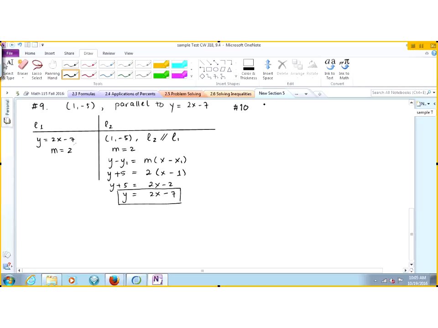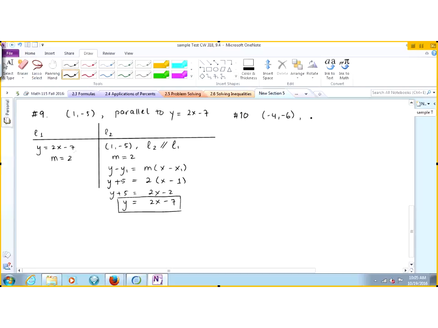Okay. Now, number 10. So the line which is passing through negative 4 comma negative 6 and perpendicular to y, so perpendicular to y is equal to 1/3 x plus 11.